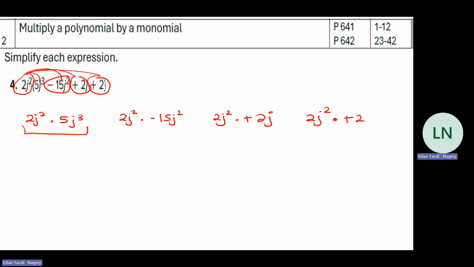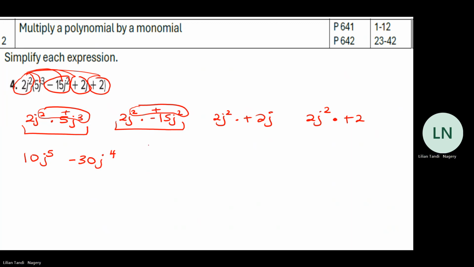2 times 5 is 10. I'm going to add my exponents, j to the 5th power. Okay, then I'm going to do this. 2 times negative 15 is negative 30. I am going to add my exponents. This is j to the 4th power. 2 times positive 2 is positive 4.